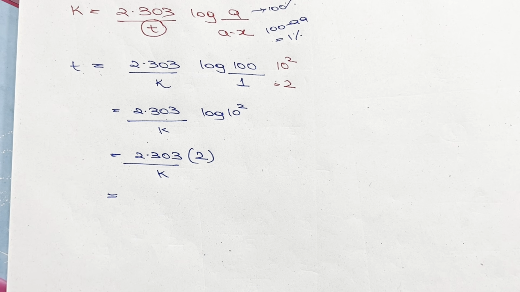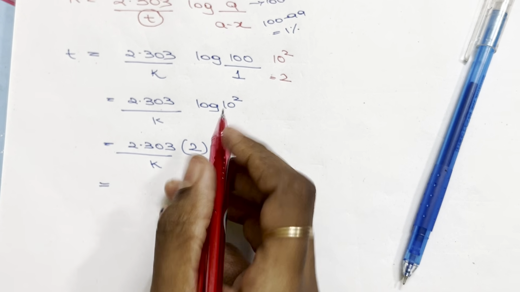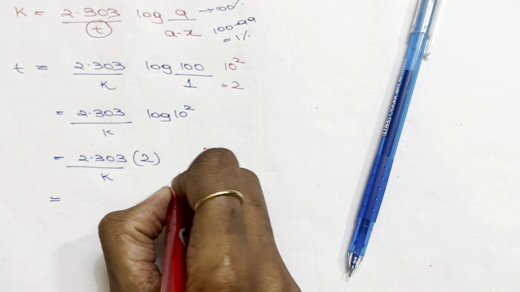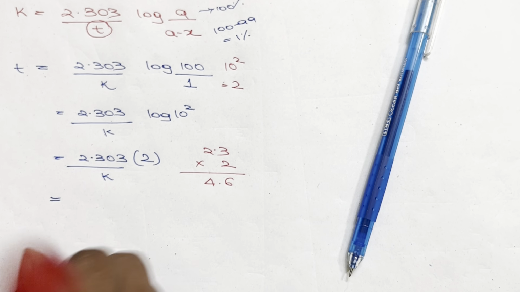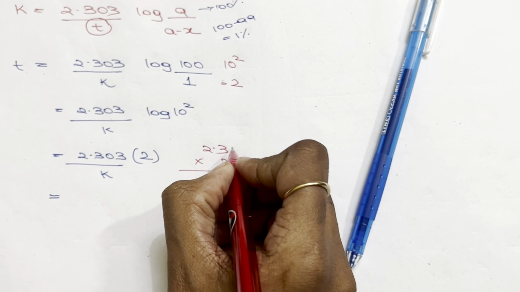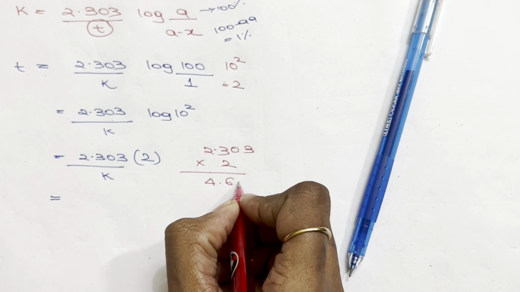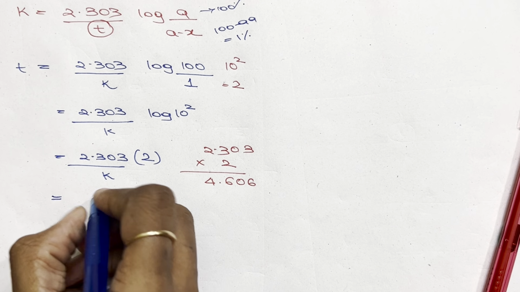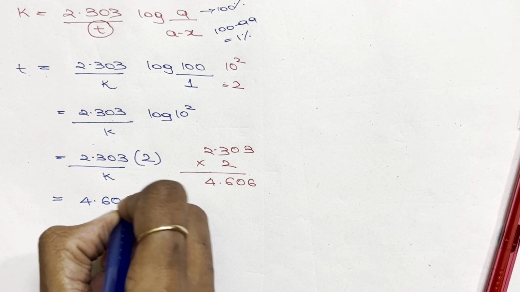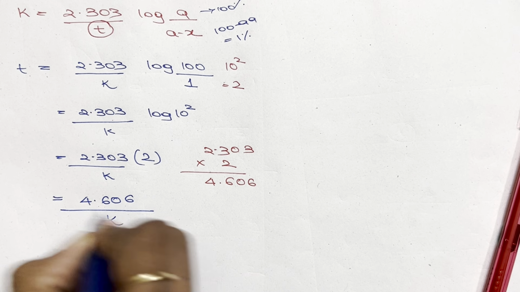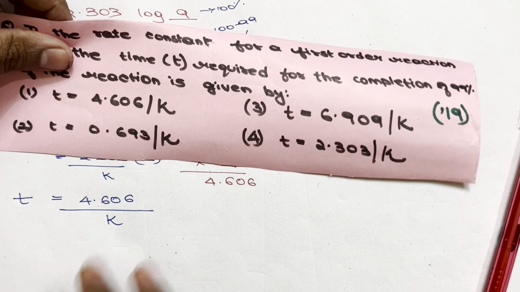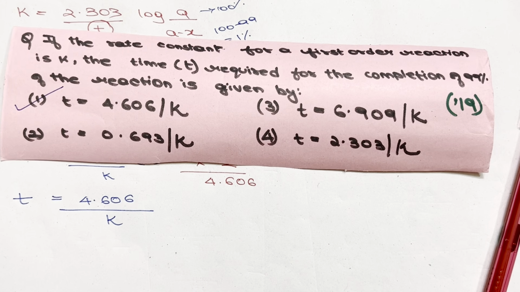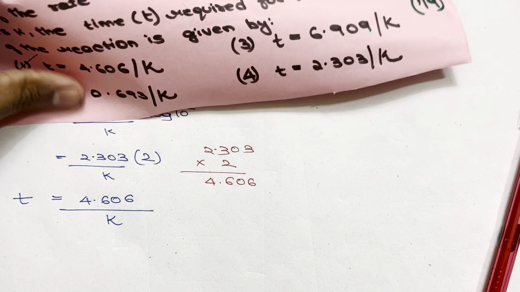So when we multiply, 2.3 into 2 is 4.6, and 0.003 into 2 gives 0.006. So the answer is 4.606 upon K. This is the time. So when we match, we get option number 1 here. Okay, now the next question.